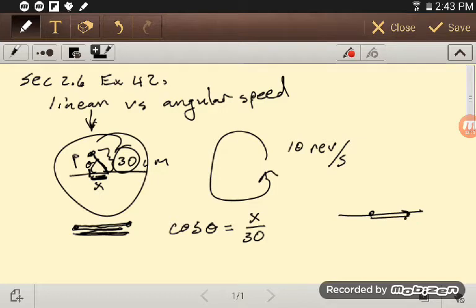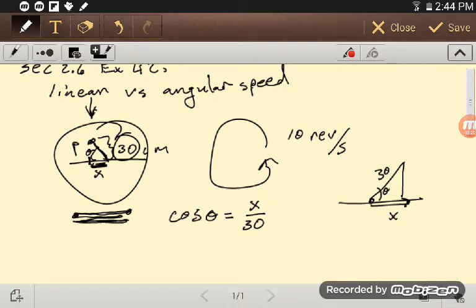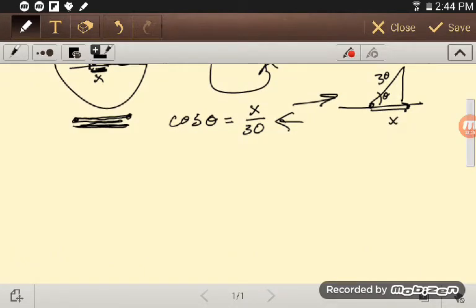We would come out here to x, and there's our 30, and there's theta, and we would say cosine of theta is x over 30. Well, actually, they drew everything exactly backwards. And so I guess this picture will work for that relationship as well. So we'll go with that.